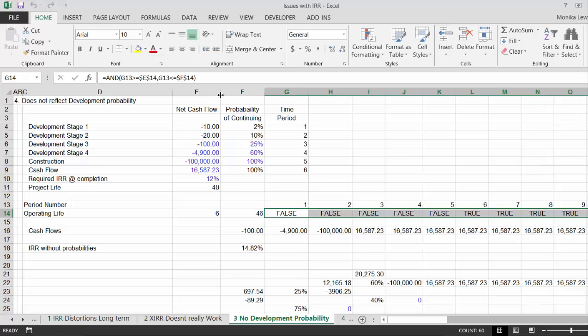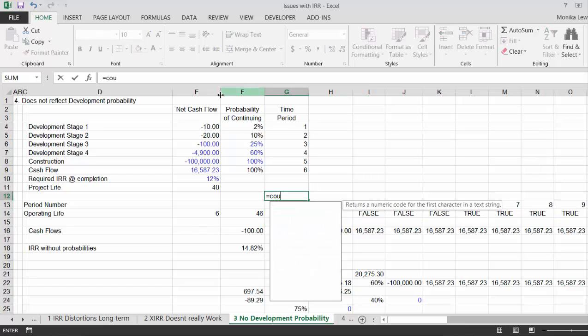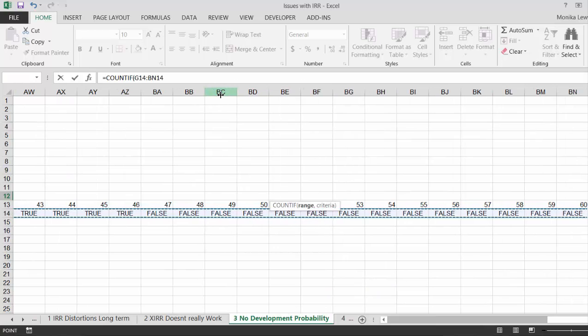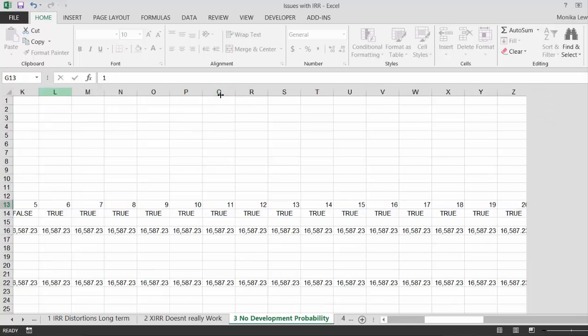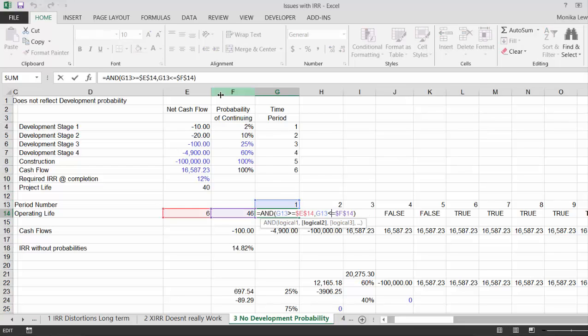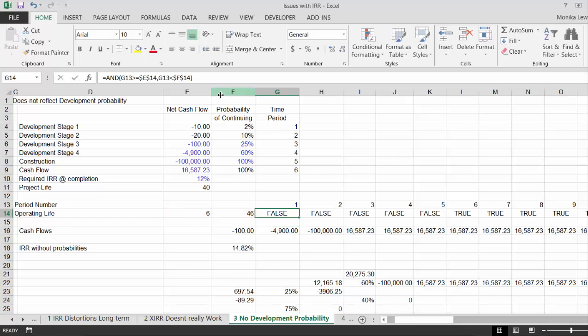Shift Control R, count if, let's just make sure true. See, I missed one. Okay. Why do I always get that wrong? Okay. I should have subtracted one from the 46.